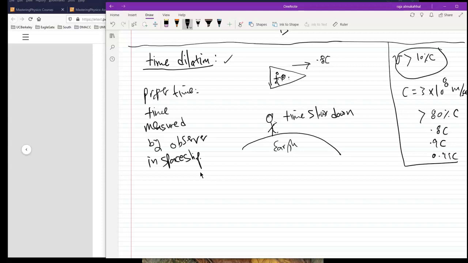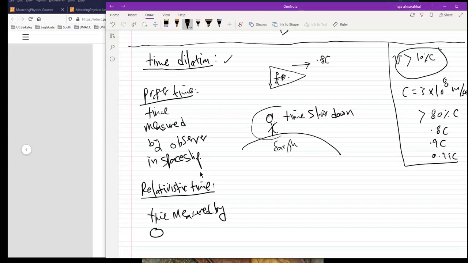That's the proper time. Relativistic time is the time measured by this observer here, the observer outside the spaceship, or outside the inertial frame of reference. When I say big O, it means observer.